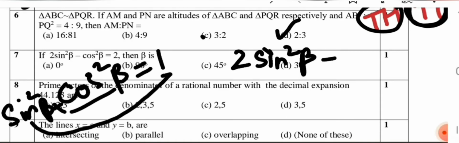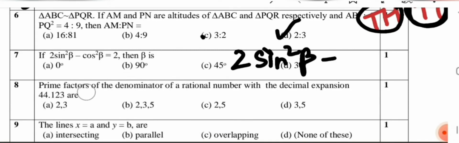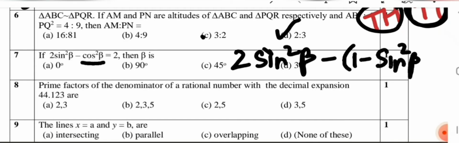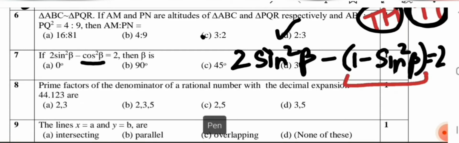We can take sine square beta to the other side. So cos square beta will be 1 minus sine square beta. So I am replacing here cos square beta with 1 minus sine square beta, equals 2. I have written it in brackets so that there is no confusion about the signs.